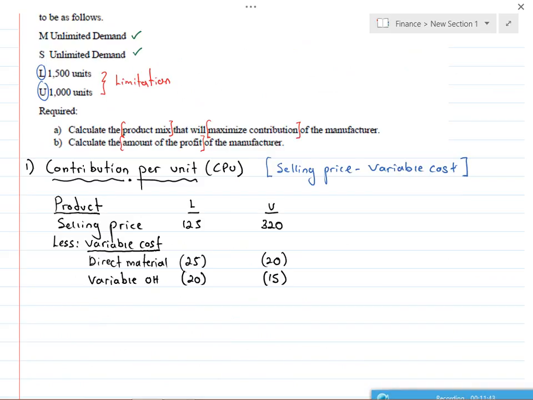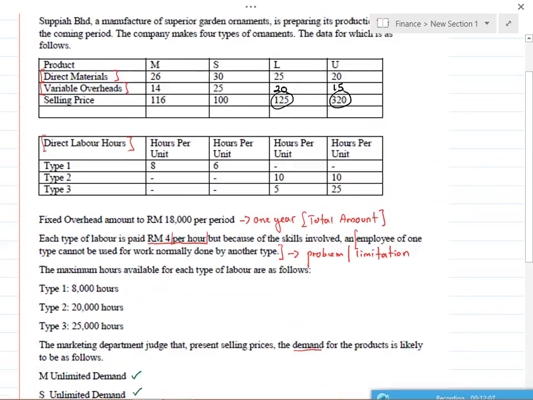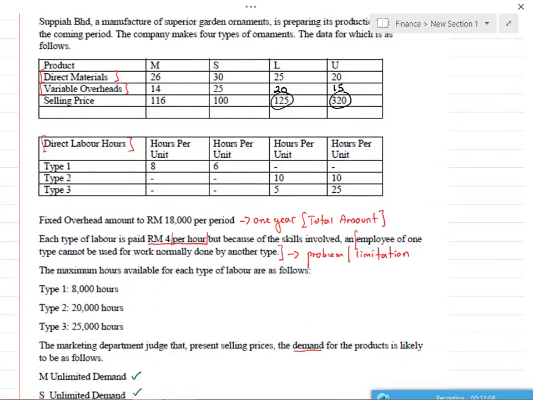Okay. Next is your direct labor. Now with direct labor, we have a slight problem over here. We have three types of direct labor. Which type should you calculate? Type 1, type 2 or type 3?